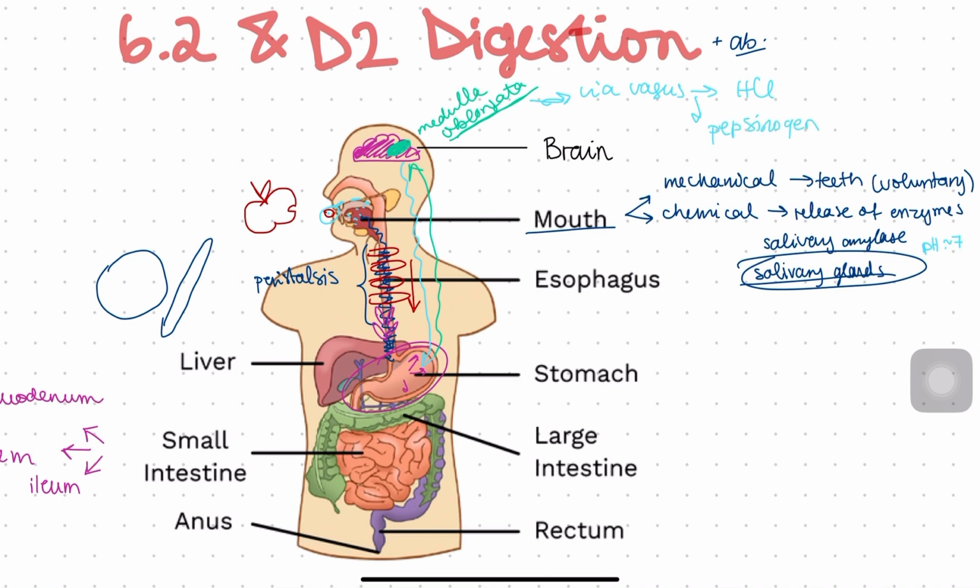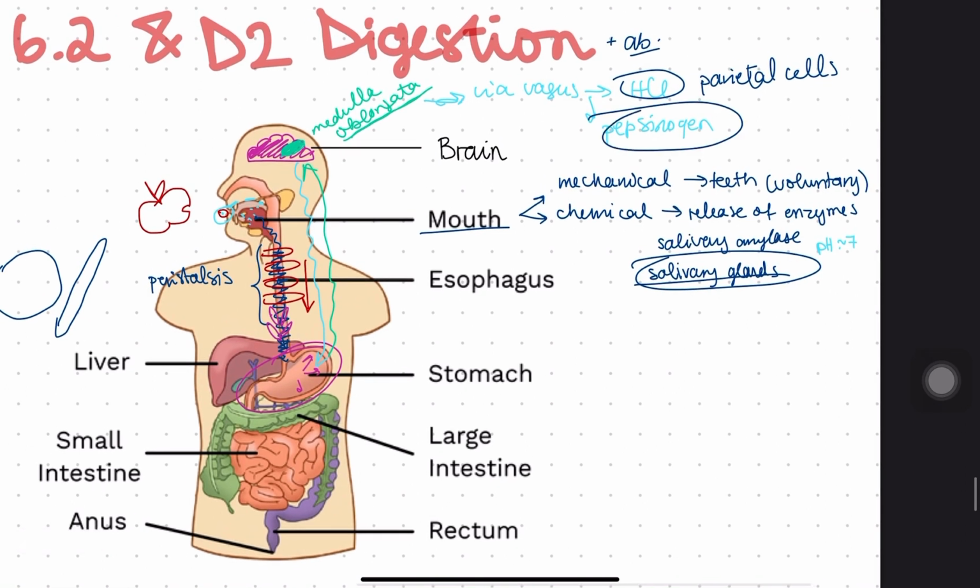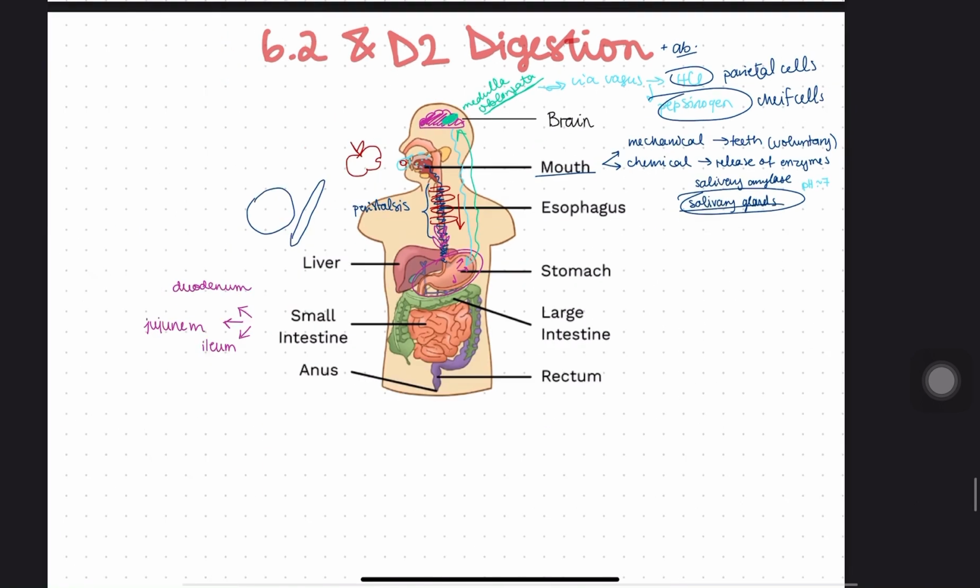So HCl is going to be coming from the parietal cells, and the pepsinogen is going to be coming from the chief cells in the stomach.